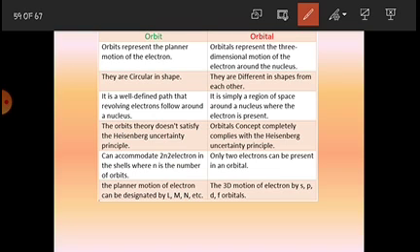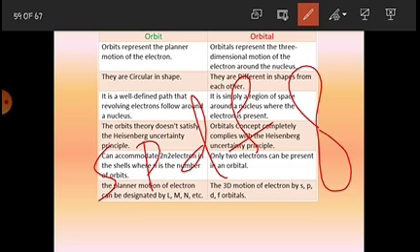So don't get confused. Orbitals are nothing but s, p, d, f, and in each orbital we can accommodate only 2 electrons, and it is a simple region of space around a nucleus where the electron is present. For example, this is a px orbital, or suppose a py orbital.